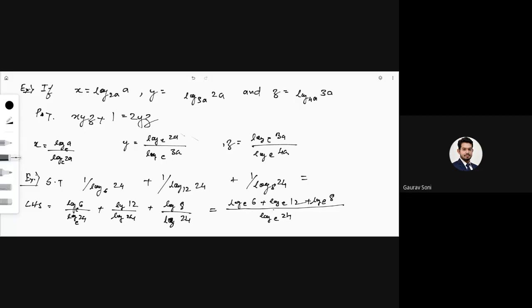So we know that since there is this addition, instead of adding logs, I can multiply 6 into 12 into 8 upon log to the base e of 24. So 6 into 12 into 8 is log to the base e of 576 upon log to the base e of 24.